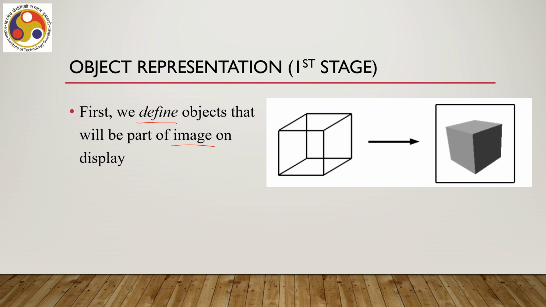For example, suppose I want to show this cube on the screen. Then I need to define this cube somewhere. So, that is the first stage, that is representing the object. From the representation, the final rendering takes place.